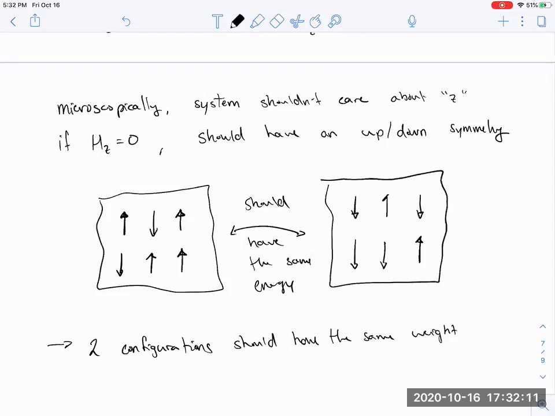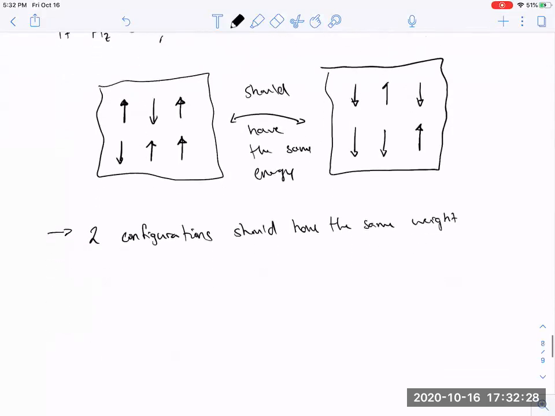And yet, if they had the same weight, if up and down were equally likely, below Tc, we would never have a system with a definite magnetic moment. So what gives?